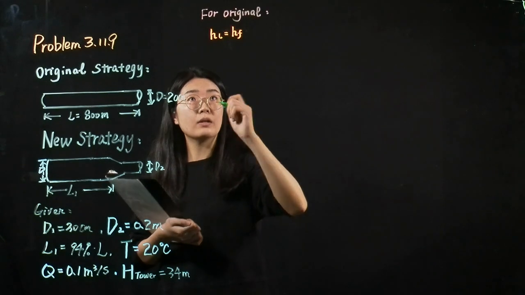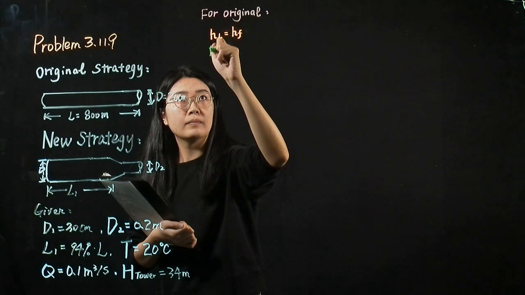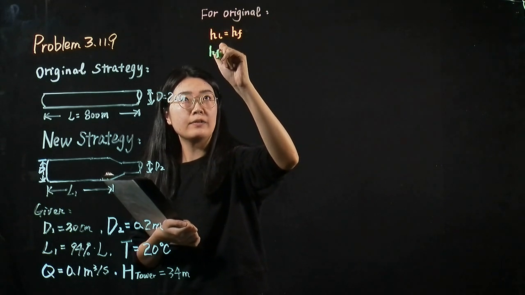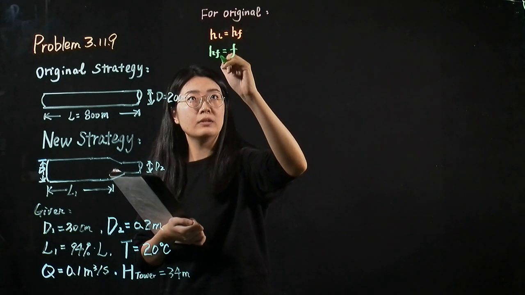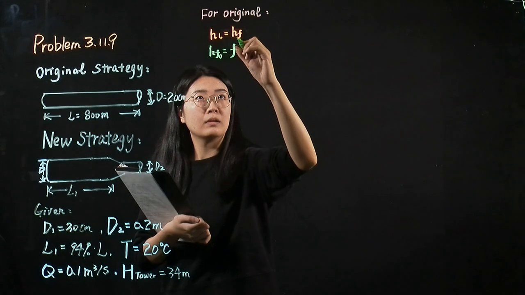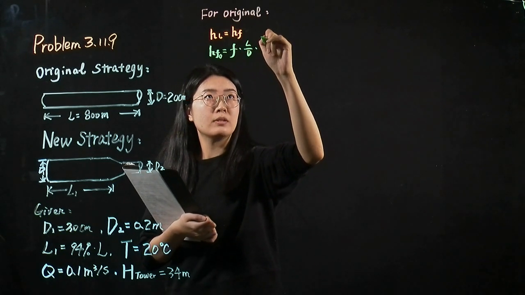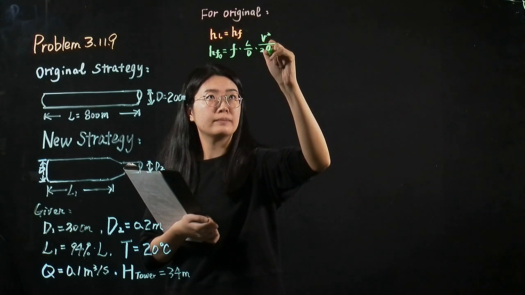And according to the Darcy-Weisbach equation, HF is equal to friction factor times L over D times V squared over 2G.